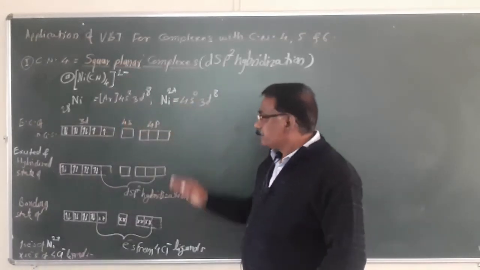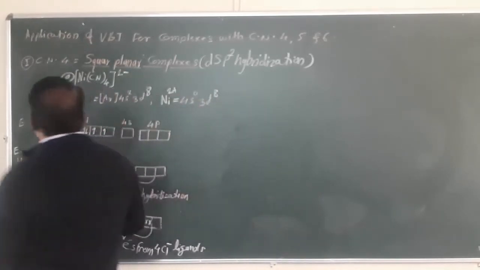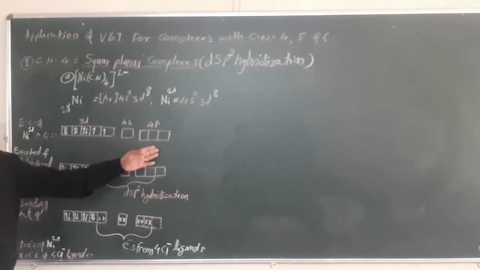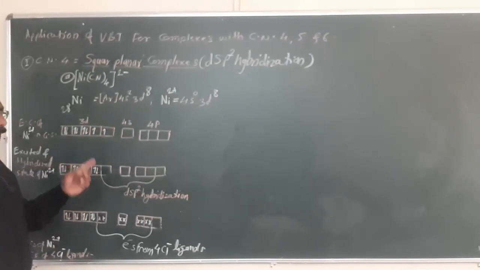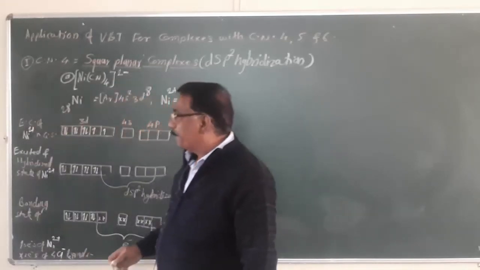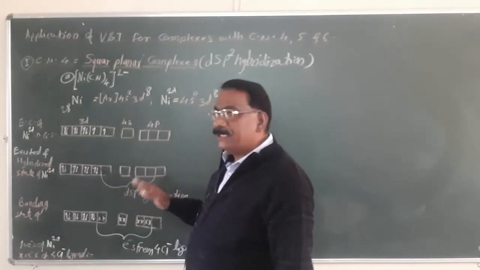Now, the electron configuration of this Ni2 plus in the ground state is 3d8, 4s0 and 4p0. This Ni undergoes an excited state because for dsp2 hybridization, one d orbital, one s orbital and 2 p orbitals must be vacant.